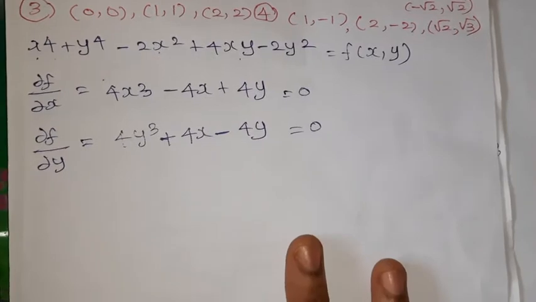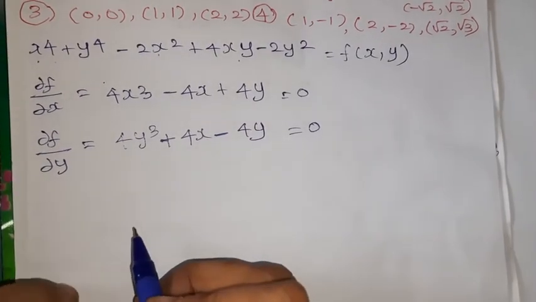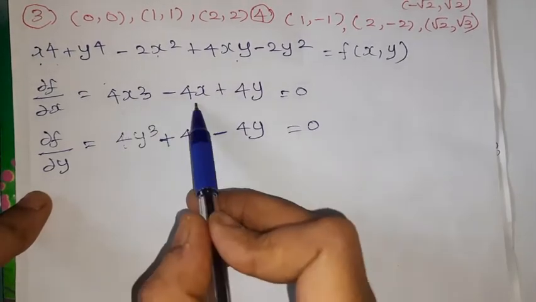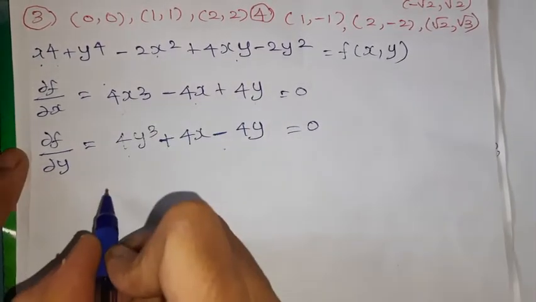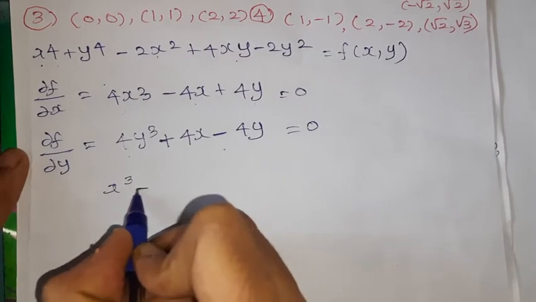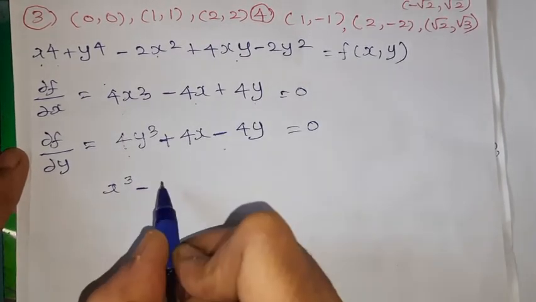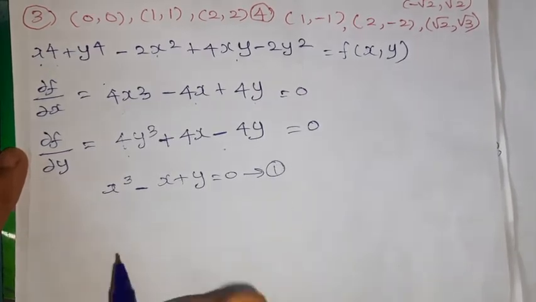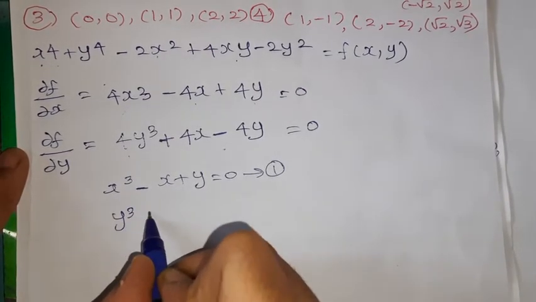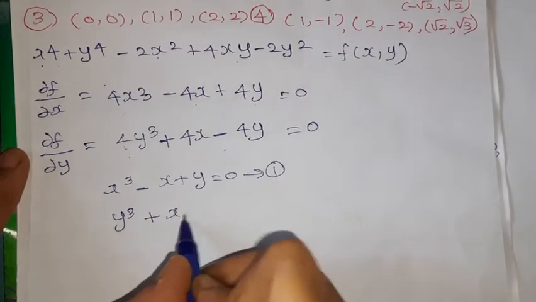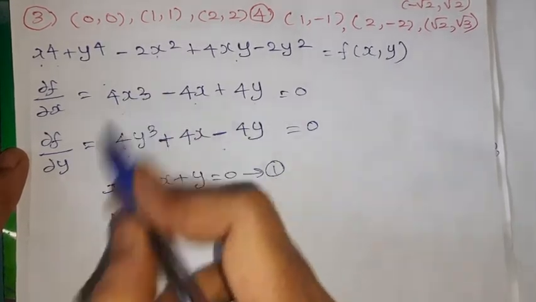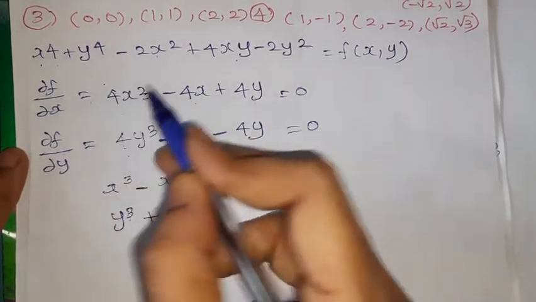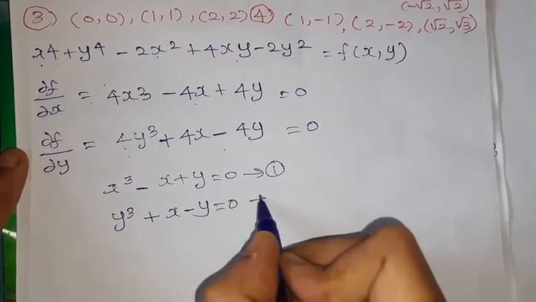See, this one equal to 0, then all are multiples of 4 in these two equations. So by dividing by 4, what we will get, x cube minus x plus y equal to 0. Let it be equation 1. Then y cube plus x minus y, I am just eliminating the constant 4, okay, equal to 0.